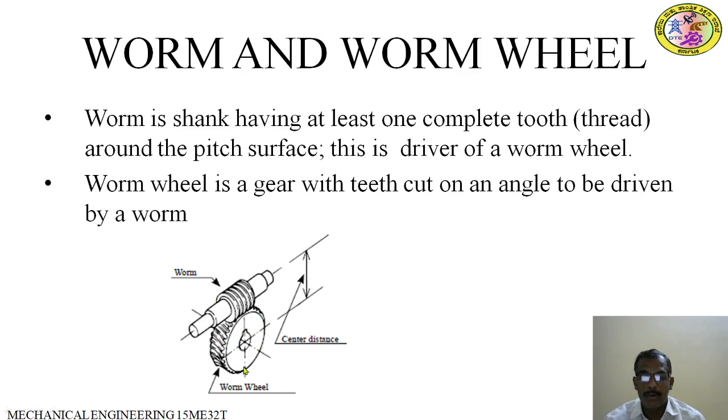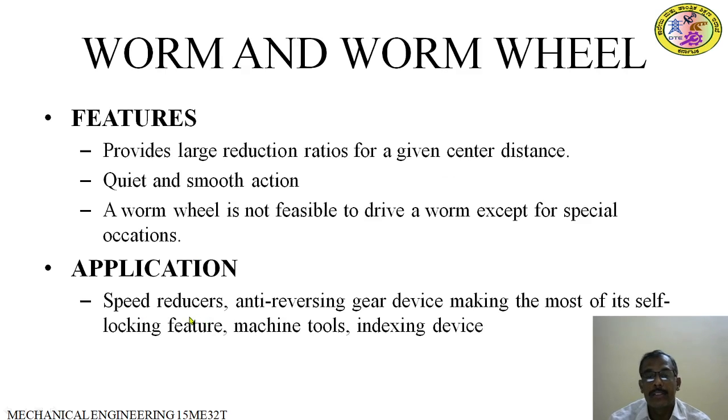If I rotate the worm wheel, the worm will not rotate. It is not allowed to rotate. So I can transmit the motion from worm to worm wheel, but I can't reverse it. They lock there itself. That is the special thing.